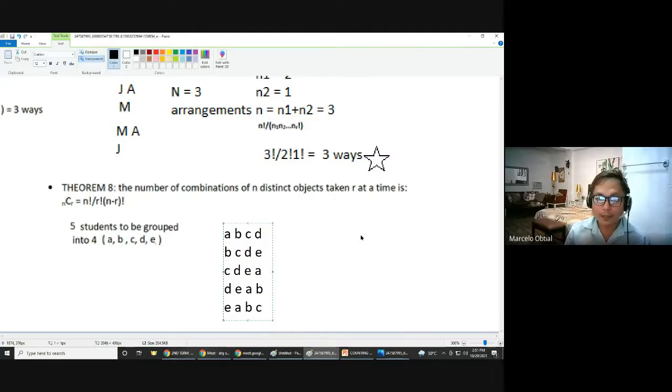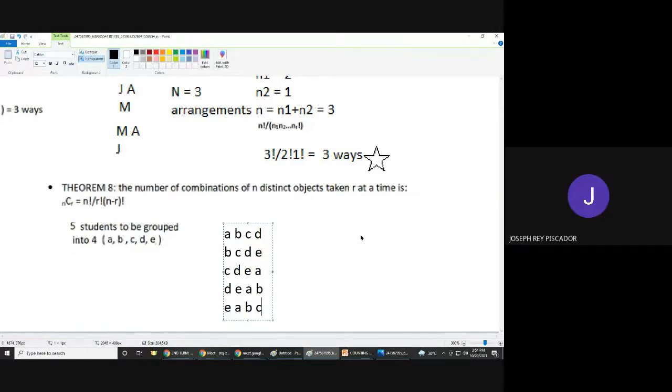Okay, palihog lang daw siya check, class. May kapareho? Wala. A, B, C, E. Wala, sir. Next, please. Meron pa ba, Joseph? Wala na ata, sir. Okay.